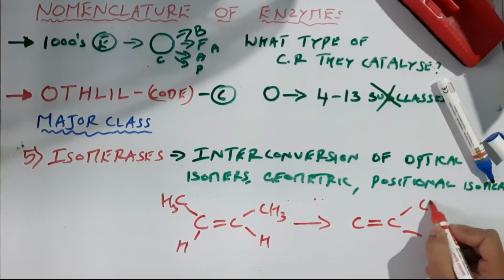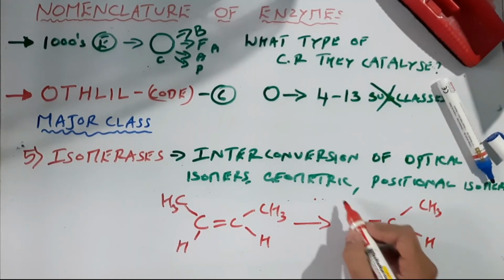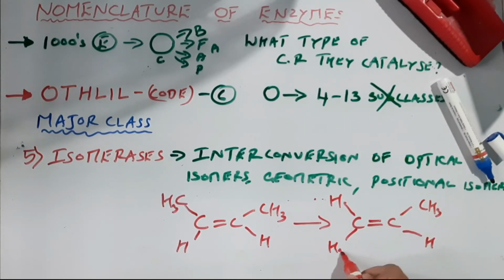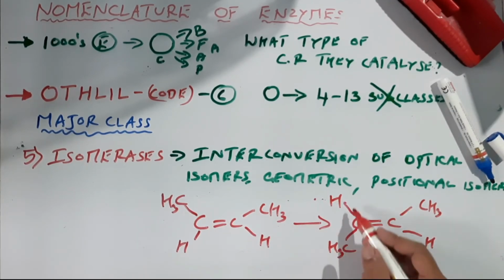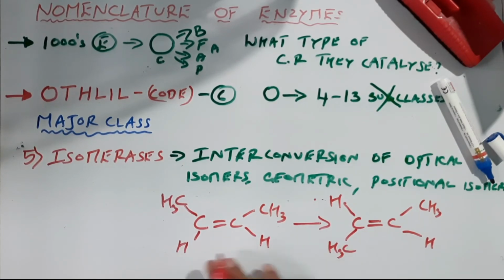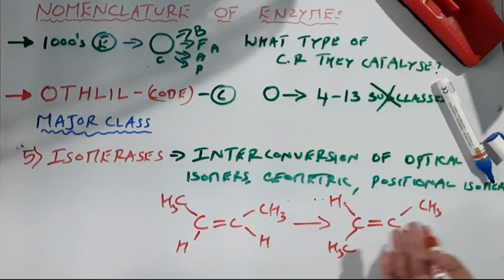This side remains the same, but on this side you could see H, and on this side CH3. What you have seen here is a change, that is actually interconversion, correct? So there is a change of position of these particular groups. So this is geometric isomers. Got it? So isomerases bring about the interconversion of groups within optical isomers, geometric isomers, and positional isomers.